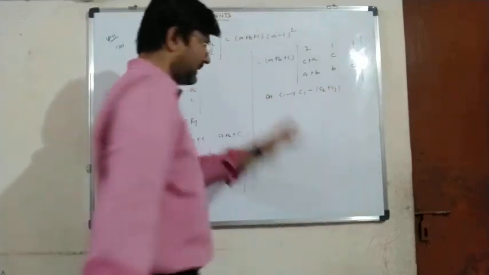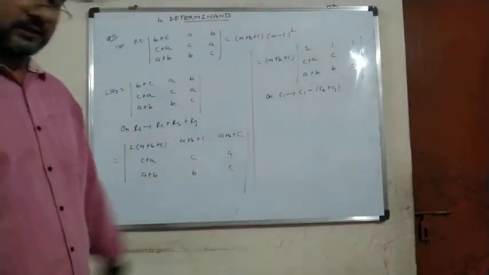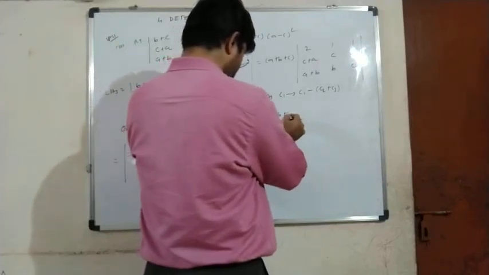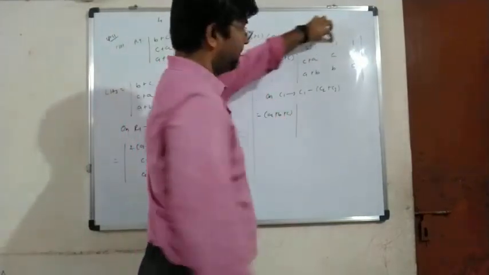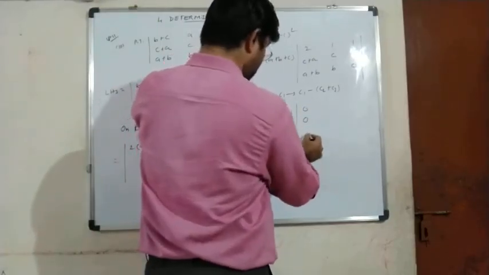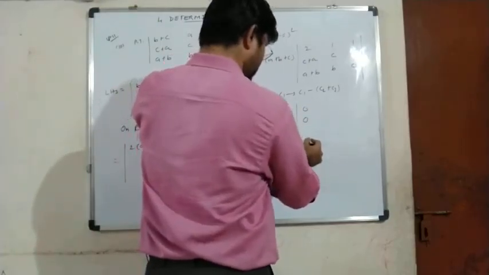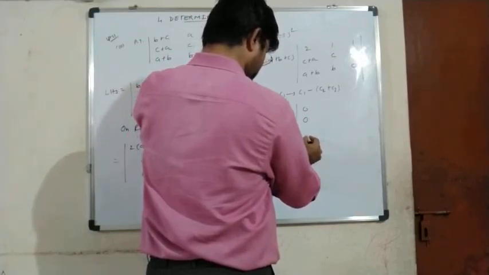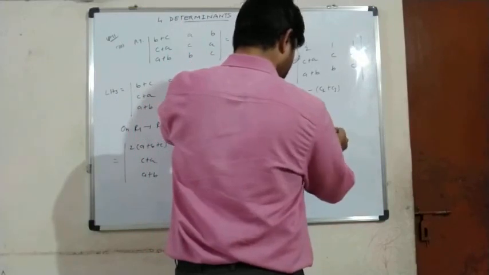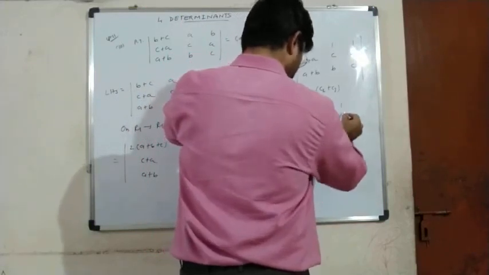I will add the second and third column and subtract from the first one. So what happens, let us check. Obviously 1 plus 1 is 2, so 2 minus 2 is 0, again over here 0, and A plus B minus B, so we will get over here A minus C, 1, C, B and 1, A, C.